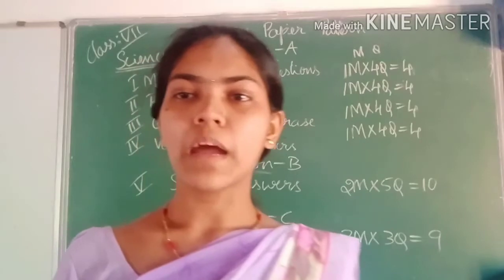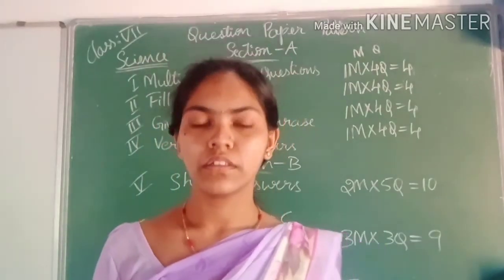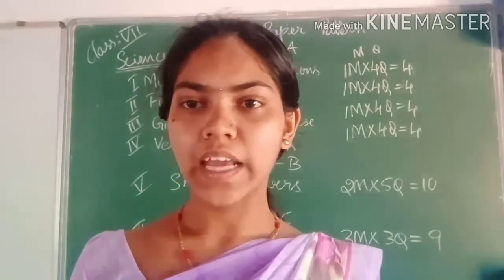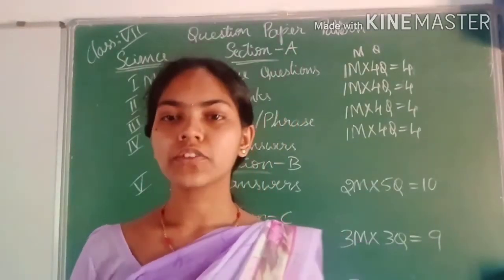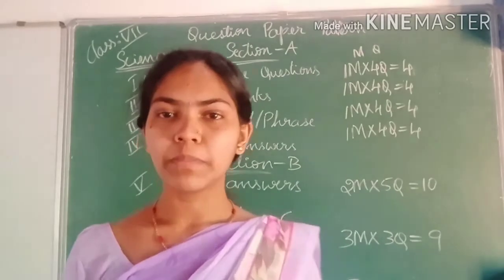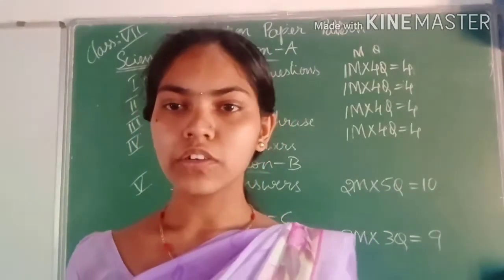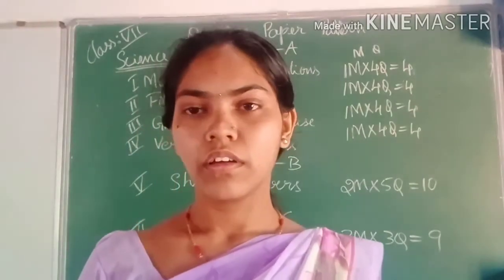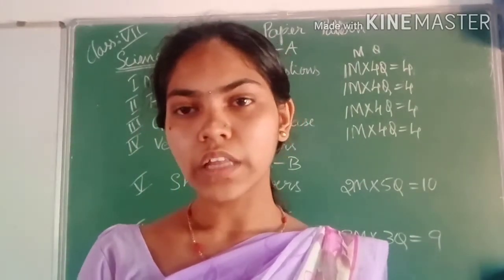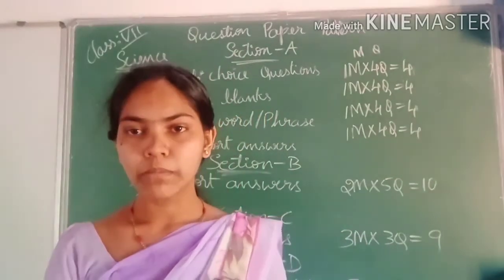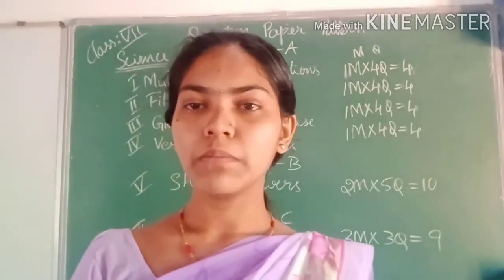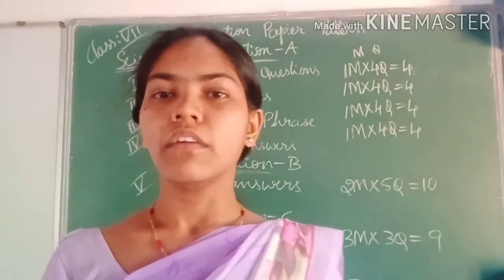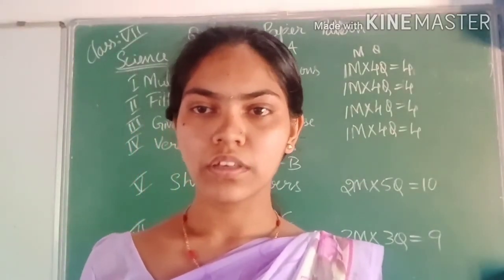Then in chapter number 3, animal fibers, you should study why we prefer cotton clothes during the summer season, why we prefer woolen clothes during the winter season, what you mean by synthetic fibers, what you mean by natural fibers, and why we prefer woolen clothes.